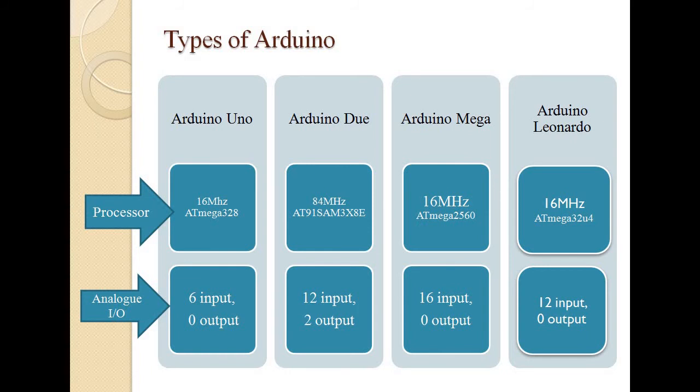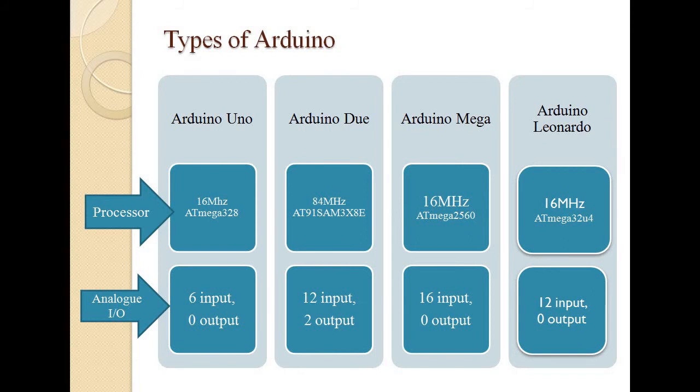Then Arduino Due, 84 megahertz, SAM3X8E, and analog input output is 12 input, 2 output pins.